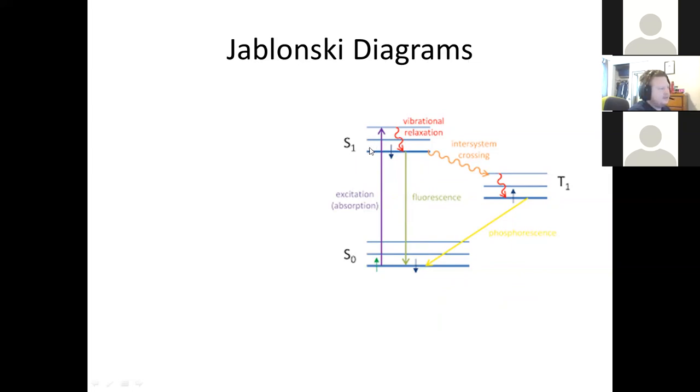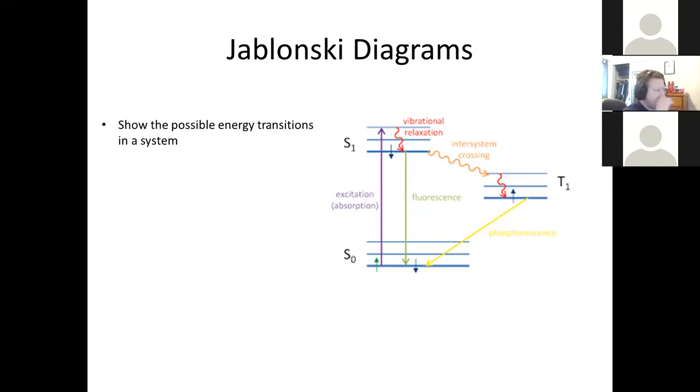S1 would be your singlet excited electronic state, and these are the vibrational levels inside each one of those. Also, there is a triplet excited state where you have a spin flip happening. This is considered a forbidden transition. You'll talk a lot more about what that means in PChem. If you have any questions, you can ask me. But this tells you about all of the potential transitions that are possible in this system.